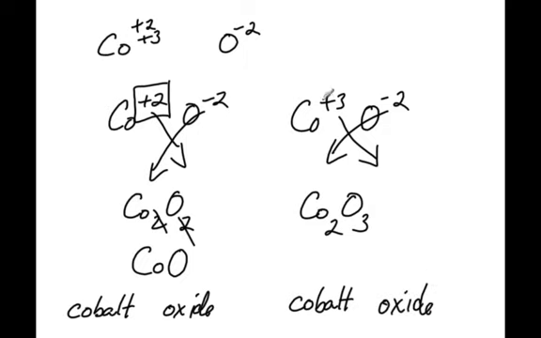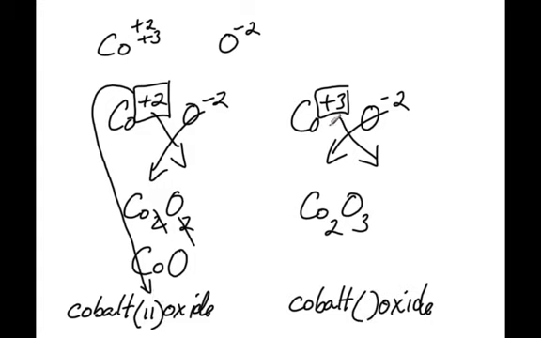But the difference here is we have to show the different charges. So we do that by adding in Roman numerals to depict that charge. So this is cobalt 2 oxide, where this is cobalt 3 oxide.